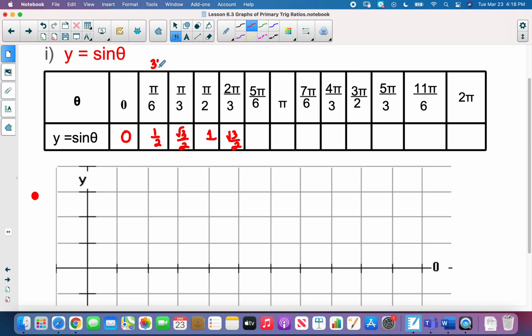This is 30, 60, 90, 120, 150, 180, 210, 240, 270, 300, 330, and 360 degrees. They're all in degrees. I wrote them up there so you can see what they actually mean in degrees.